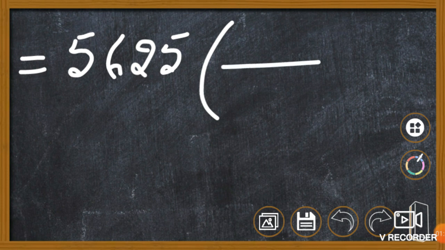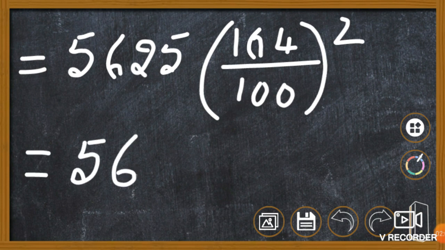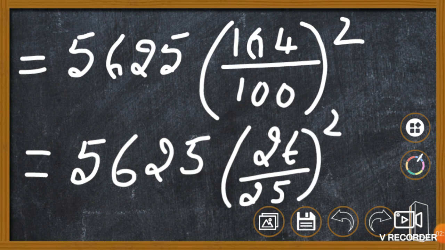So if you take 100 as the LCM, it results as 100 plus 4, 104. Simplify 104 by 100, it results as 26 by 25 whole square. So 5625 into 26 by 25 whole square. 26 fours are 104. 25 fours are 100. 104 and 100 are divided by 4.